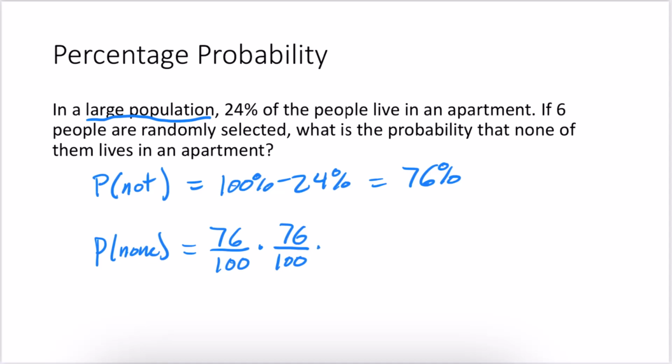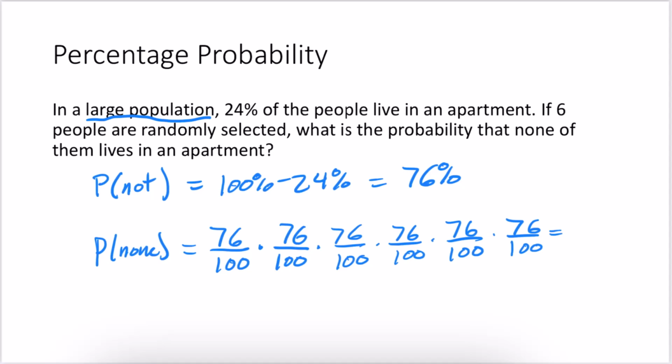So I would do that, and basically I'm going to multiply by 76 over 100 6 times, because every one of my 6 people has to not live in an apartment in order to have all 6 people not live in an apartment.